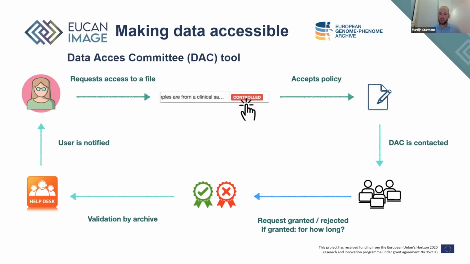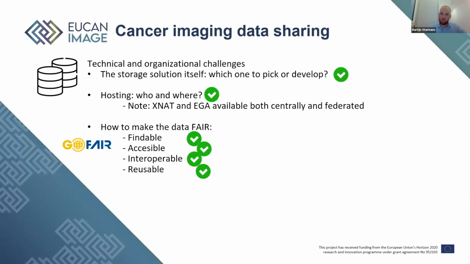So usually these are the clinical centers which are still owners of their own data set, and they can decide whether certain people get access or not. So in this way, the whole access procedure is also automated to make this easier for both the data controllers, but also the users. So I would say with these components, we've checked off the boxes to be able to have a cancer imaging archive and to share it.